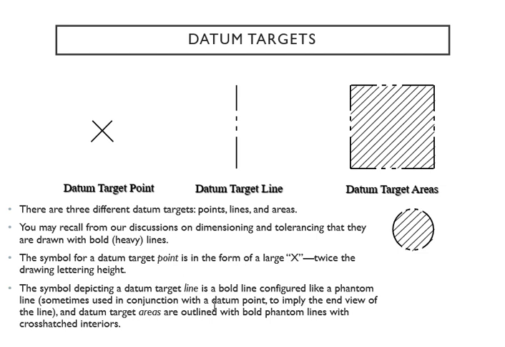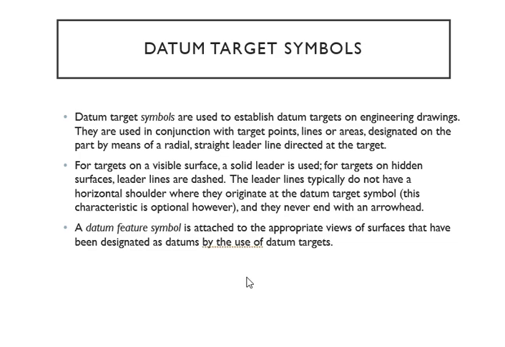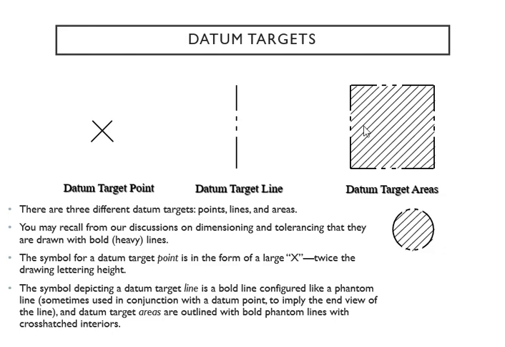Your datum target line is a bold line, and it looks like a phantom line because you have two dashes in that datum target line. Don't forget the two dashes. And then of course your datum target areas look like section lines, so phantom lines with crosshatch interiors.